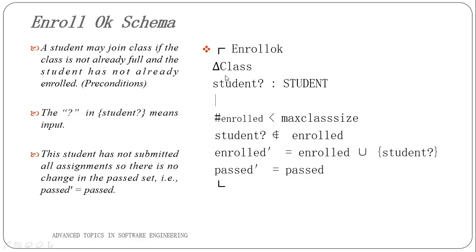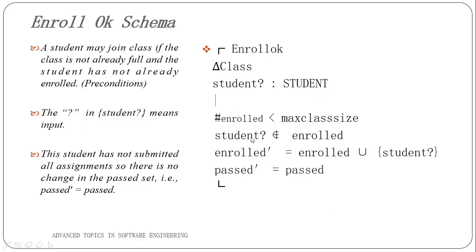And in our previous session we also discussed this delta. That means whenever we want to change the system state variables, we make use of this delta sign. I already discussed with you that above this vertical line these are called the declarations.